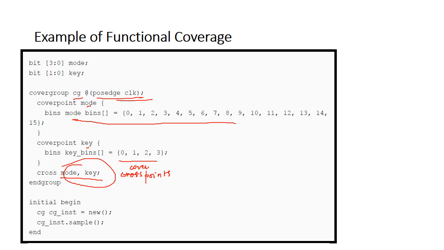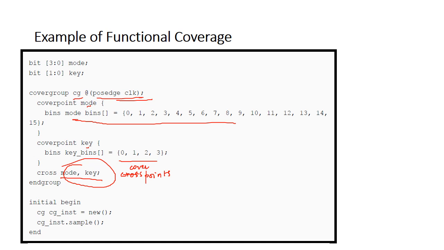The cross mode, key statement measures the cross coverage of mode as well as key. Mode and key are the cover points, whereas the statement cross mode comma key that you can see here is going to measure the cross coverage of the mode and key cover points.